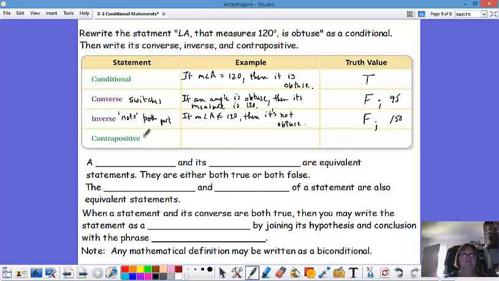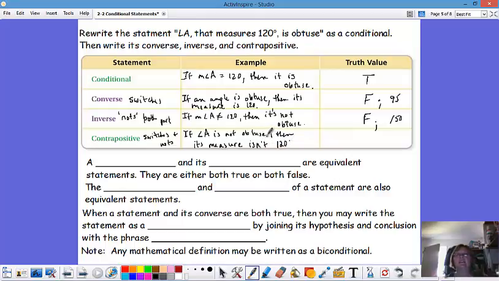The contrapositive does both things. It switches and nots. And as you look at our sentence, it's got to come out something like this. If angle A is not obtuse, then its measure is not or isn't 120.